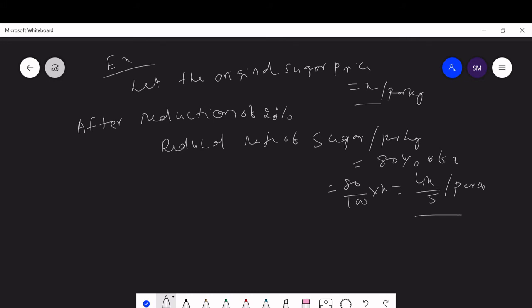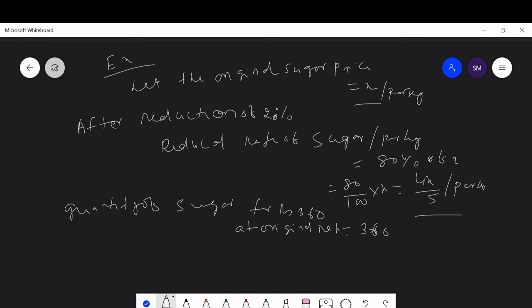Then the quantity of sugar for rupees 360 at the original rate is equal to 360 upon x, because the original price was rupees x per kg.